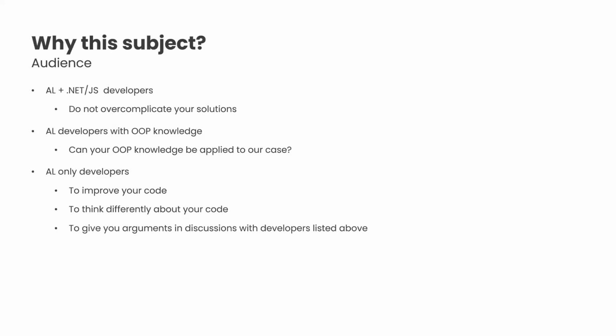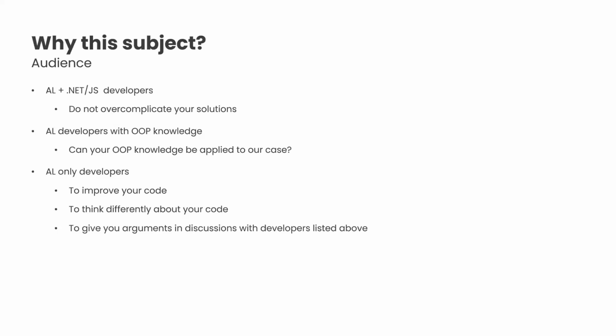Now, let's go to the subject. So why this subject? I was presenting it for the first time, and people were asking if I could explain more why I'm talking about this C Sharp and AL and object-oriented development, why I'm talking what I'm talking about on this presentation.